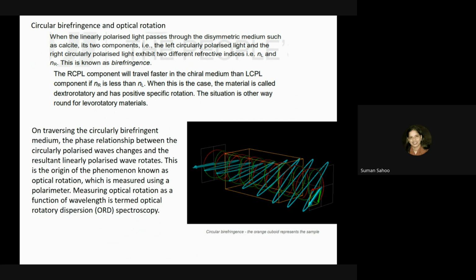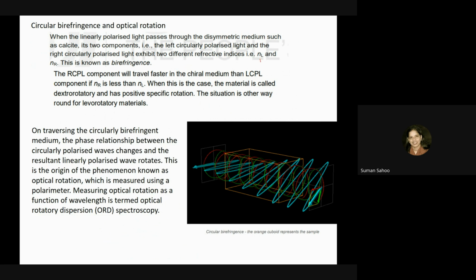If it is passing through a symmetric molecule, there won't be any difference; they will have the same refractive index. But if it is passing through a dissymmetric molecule, then the left and right circularly polarized light would exhibit two different refractive indices.